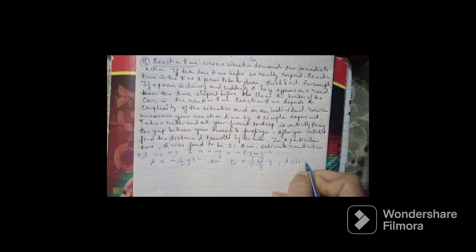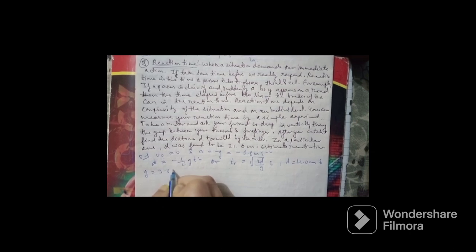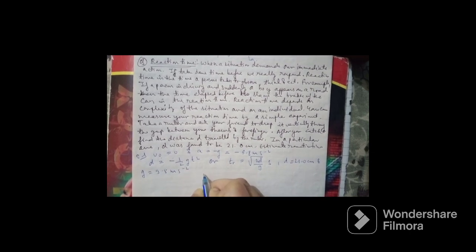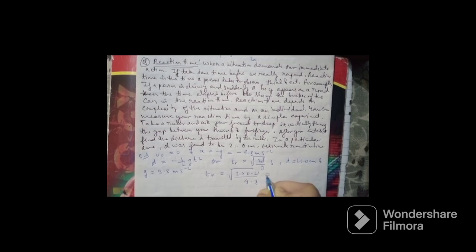Given that d equals 21 centimeter and g equals 9.8 meter per second squared, the reaction time t_R equals under root 2 into 0.21 upon 9.8. We'll get the answer 0.2 seconds.